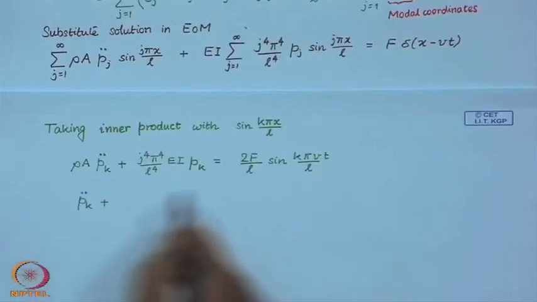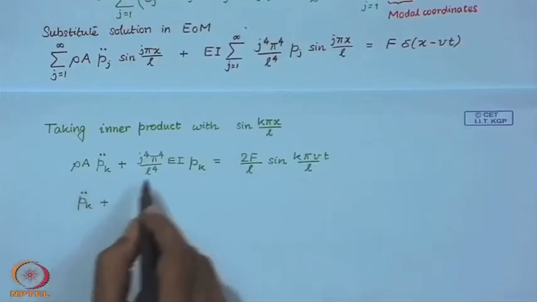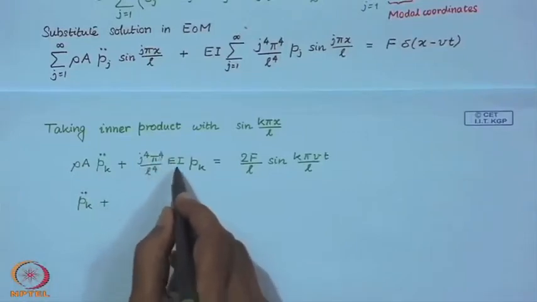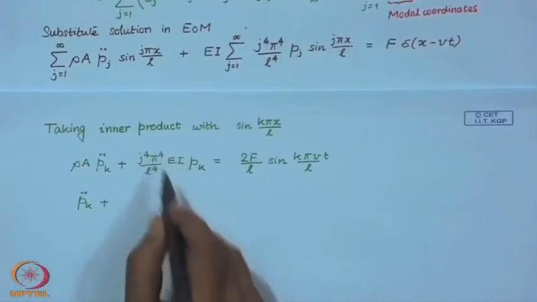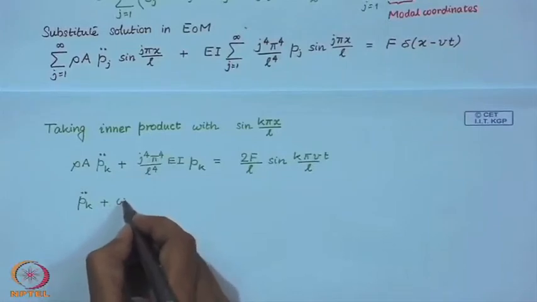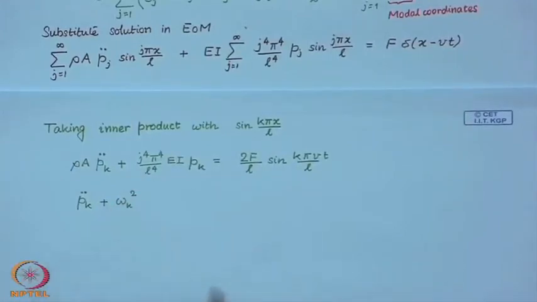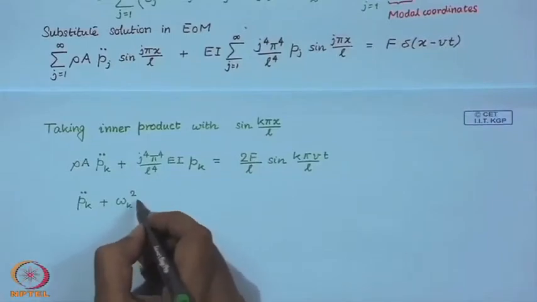Now I am dividing throughout by rho A. So, this j power 4 pi power 4 by L power 4 times E I by rho A is nothing but the square of the kth circular natural frequency of the beam.